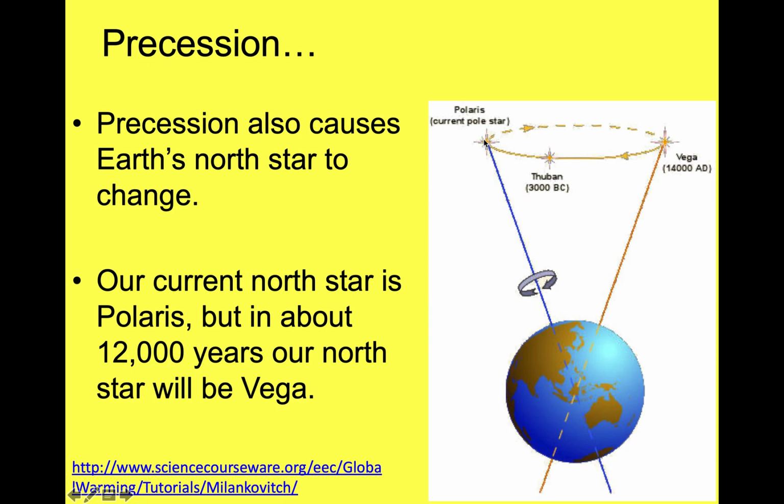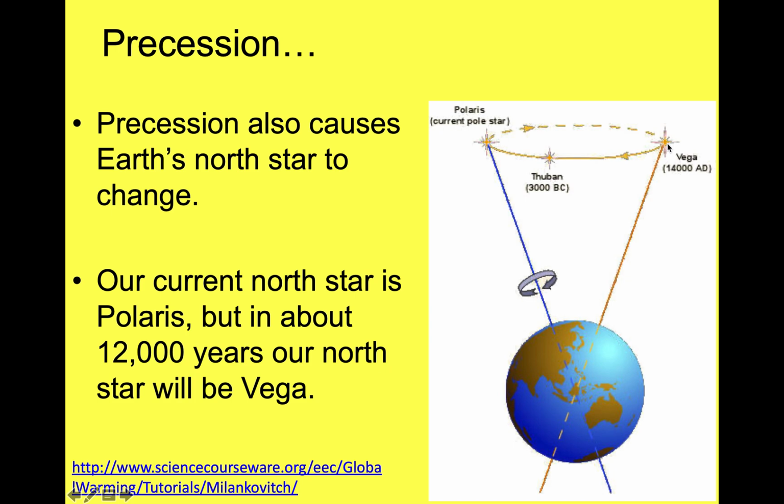About 12,000 years from now, 14,000 AD, Vega will be our North Star. And then they've also included Thuban here. That was our North Star about 5,000 years ago. There will be other North Stars along the way as the precessional cycle happens, but they're just showing you the two extremes, Polaris and Vega.